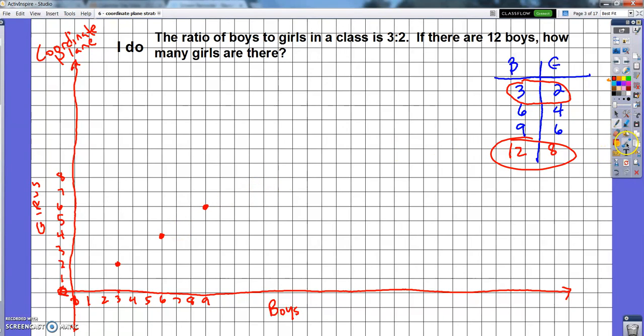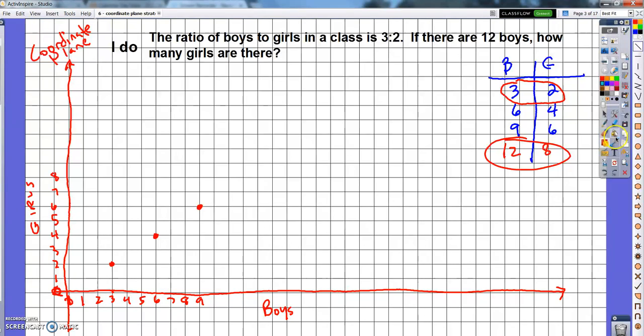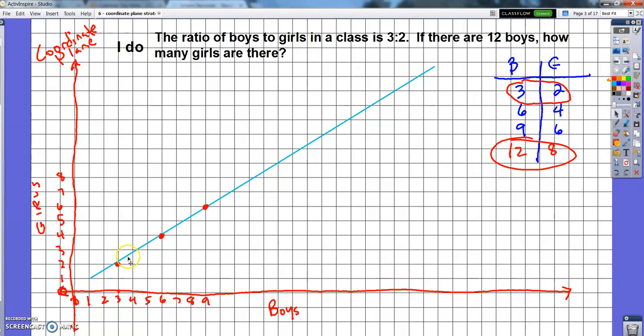And then imagine taking a ruler and you're going to draw a line, yes, actually a line, that goes through all the points here and continues on and on this way. And really I need it to also continue on and on the other way. See if I can make this do that.